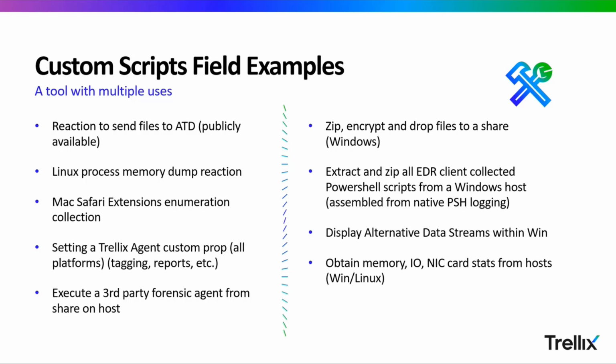So we can give it a tag, and from there, you can allow it to do all the automated processes that you've set up in EPO. That way, the SOC team didn't actually need to have someone get access to EPO. And of course, doing data collection on things that don't always get displayed right in your face in EDR, such as displaying alternate data streams within Windows. A number of these are mostly created by professional services.